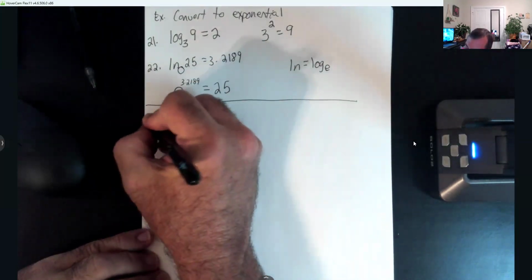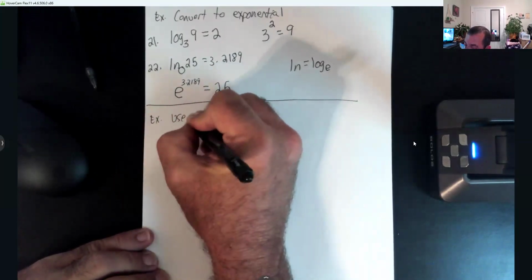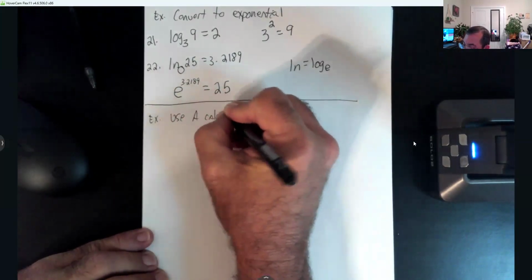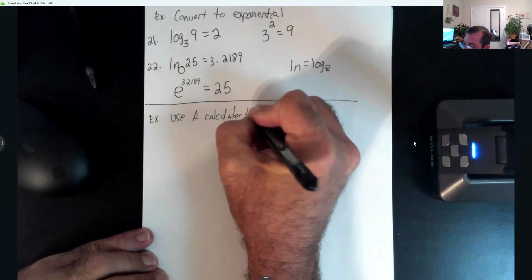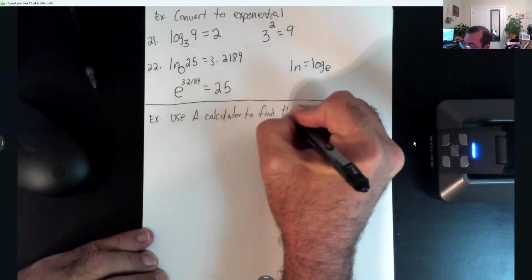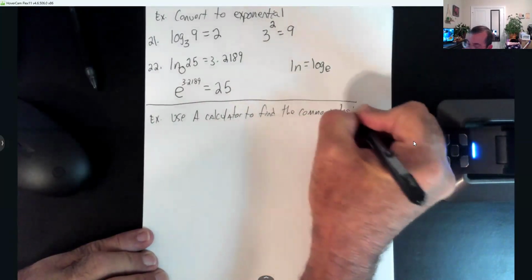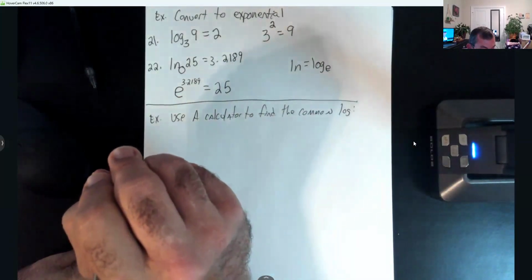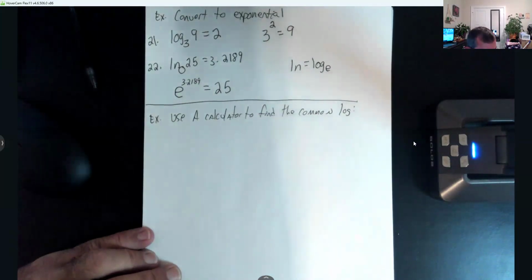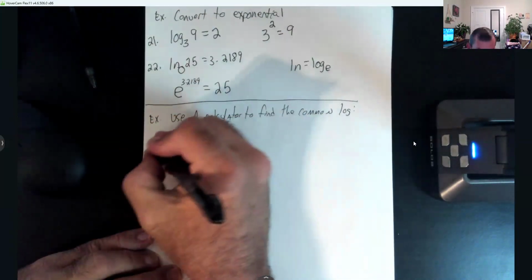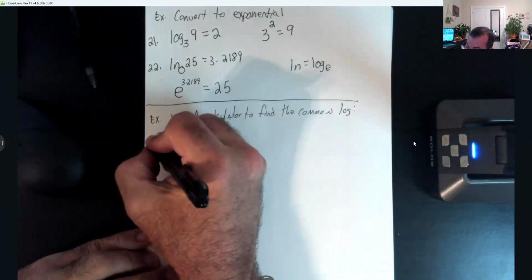Then they say, hey, use a calculator to find the common log. And they want you to round these to 4 decimal places. So y'all, let's do one like 25.